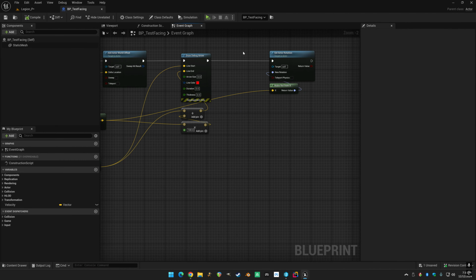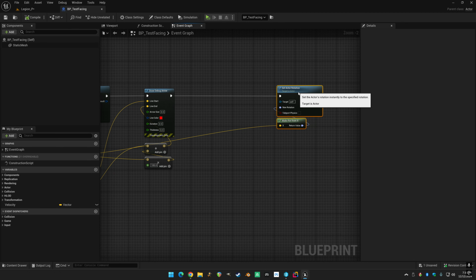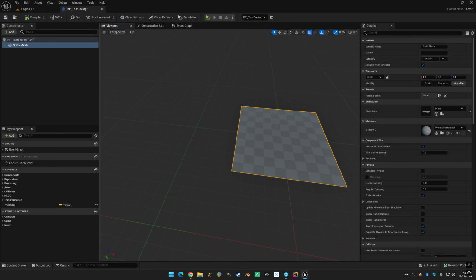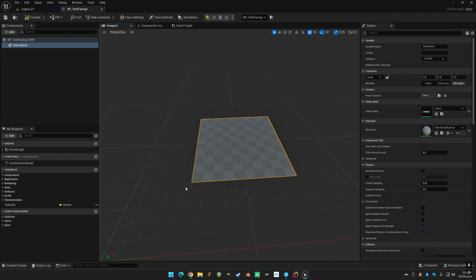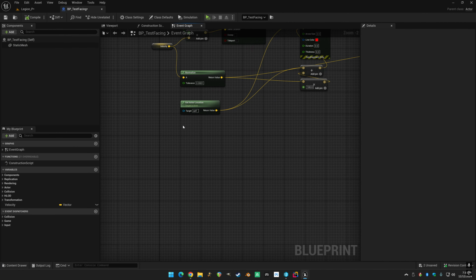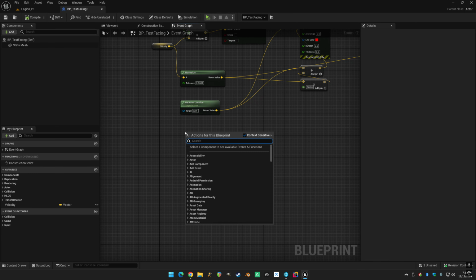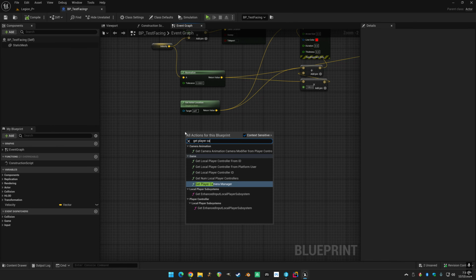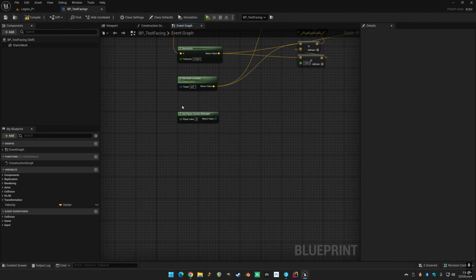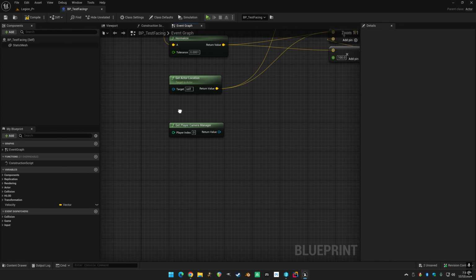So what would that mean? Well, that would mean that the static mesh's Z, which is the up, is trying its best to face the camera, right? So how would we do that? Well, let's get the player camera manager. Let's see.